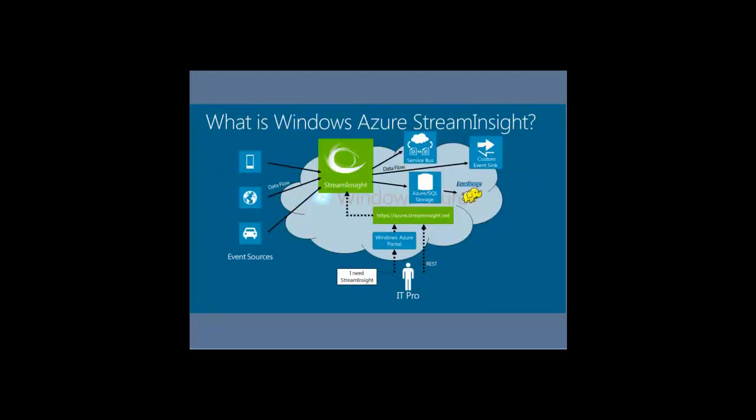So I mentioned the name StreamInsight already, and again, I'm assuming that some of you at least know the product StreamInsight. The effort to provide StreamInsight in addition to the box product as a service in Azure currently runs under the name Windows Azure StreamInsight. It's not signed off with marketing yet, and I should also make clear this has not been released, right?